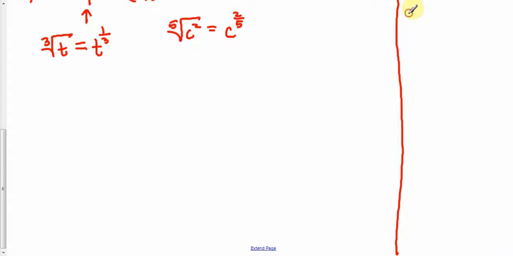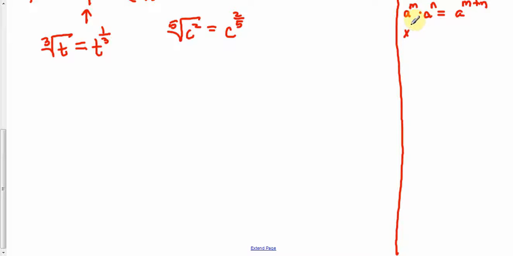So if you are multiplying like bases, a to the m times a to the n, you keep the base and you add the exponents. This is also true for rational exponents. Let's do an example below each one.